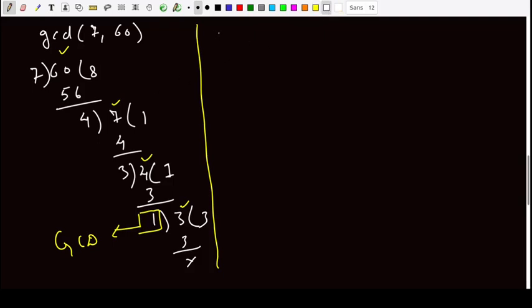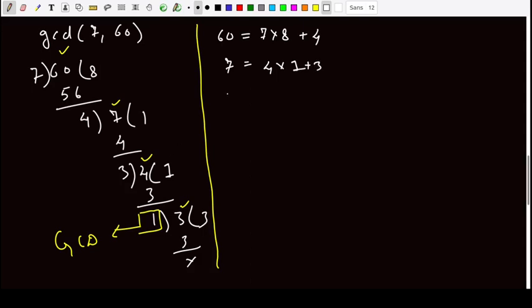Now using the extended Euclid algorithm or the division theorem, we can write down 60 as 7 into 8 plus 4. 60 equals quotient into divisor plus remainder, that's the division theorem. Similarly, 7 can be written as 4 into 1 plus 3.